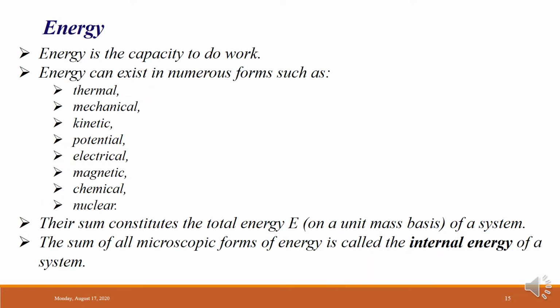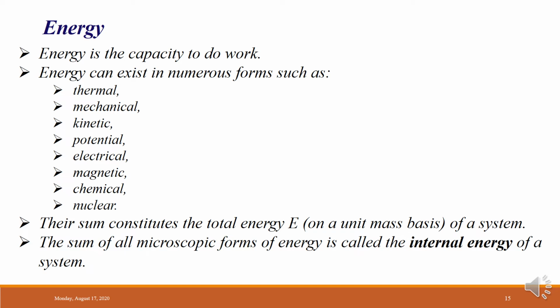So next parameter what we have, that is energy. Energy is nothing but capacity to do work. So that's why you are saying the energy level of that person is more or something like that. So it is different for different persons here.